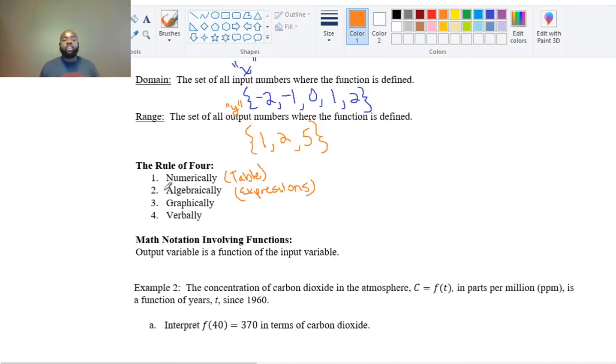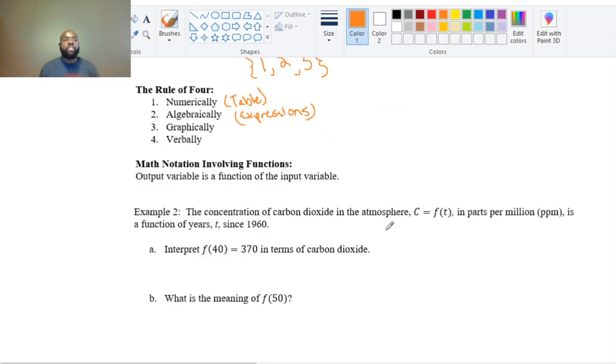And getting to the algebraic expressions, we have to review some of the notation that involves functions. One of the things I always try to tell students is your output variable is always a function of your input variable.